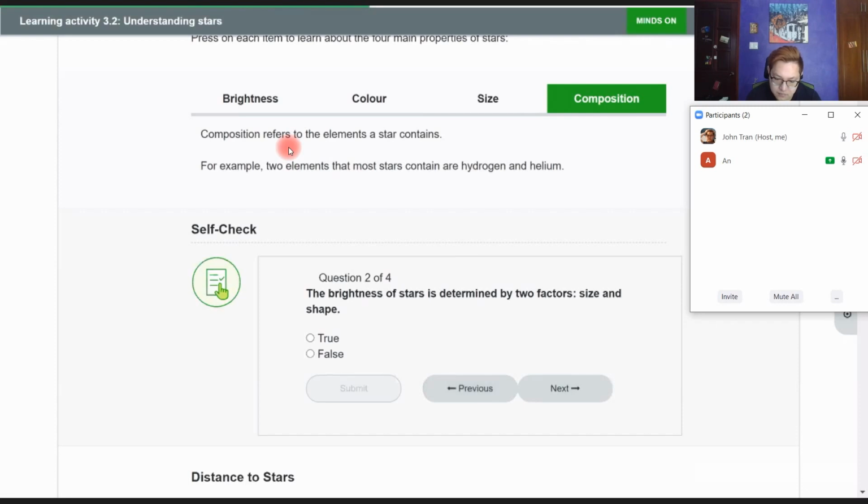The brightness of a star is determined by two factors: size and shape.